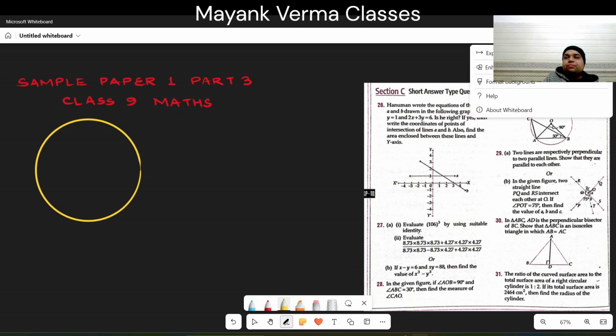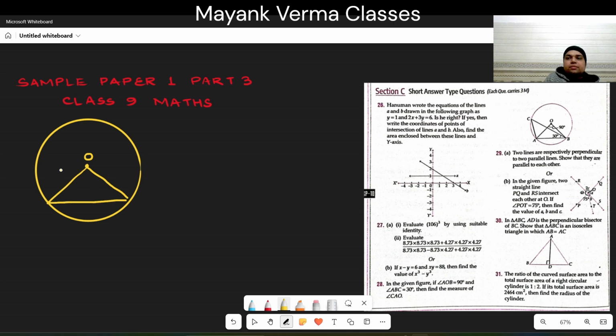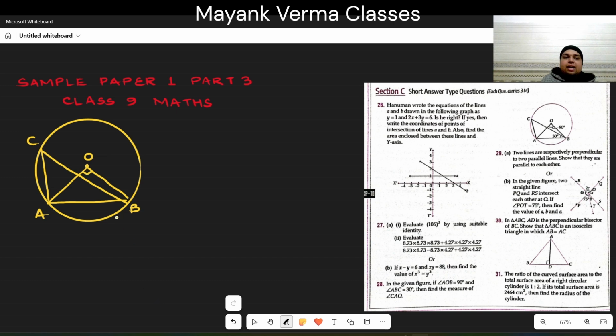The center of this is given as O, and this is the diagram given to us, AB, and this is C, and angle O, this is 90 degrees, and this angle is given as 30 degrees. Also, we need to find CAO, so this angle X we need to find.